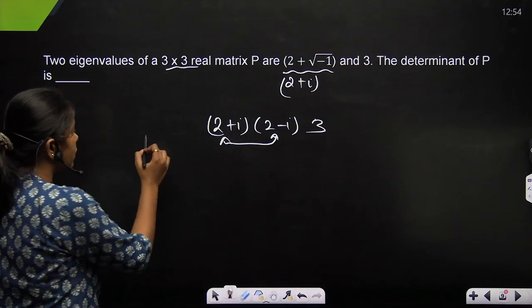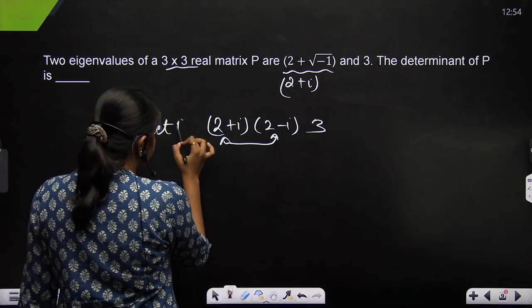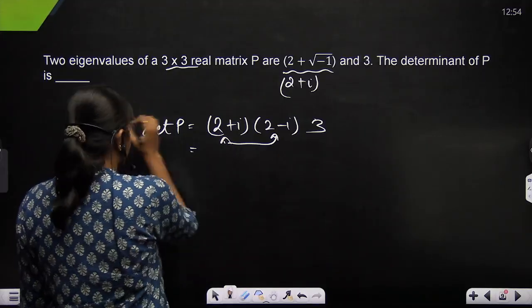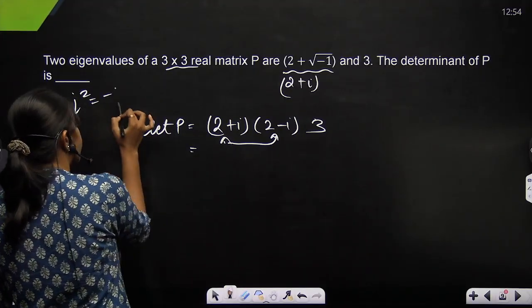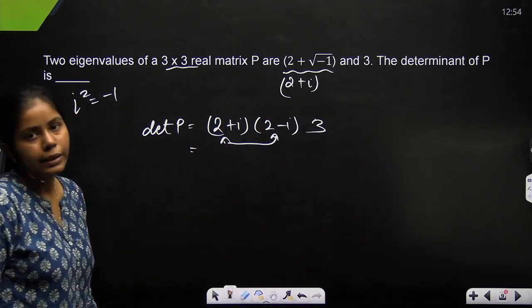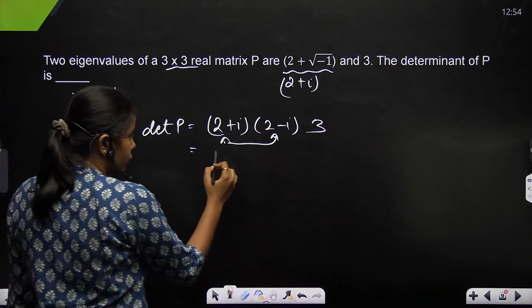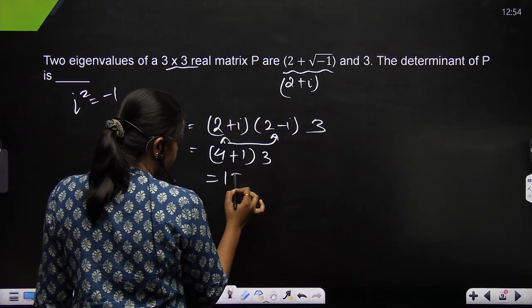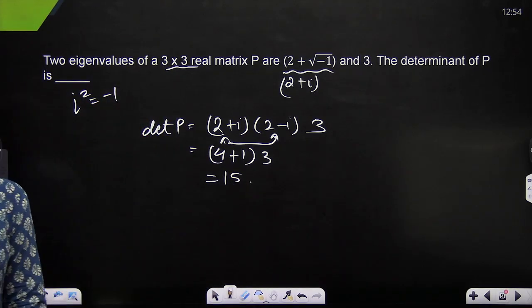We have to find the determinant of P. So the determinant of P would become, iota square would be minus 1. I square is minus 1. I wrote here that square root of minus 1 is I. So 4 plus 1 into 3 gives us 15. So the determinant of P is equal to 15.